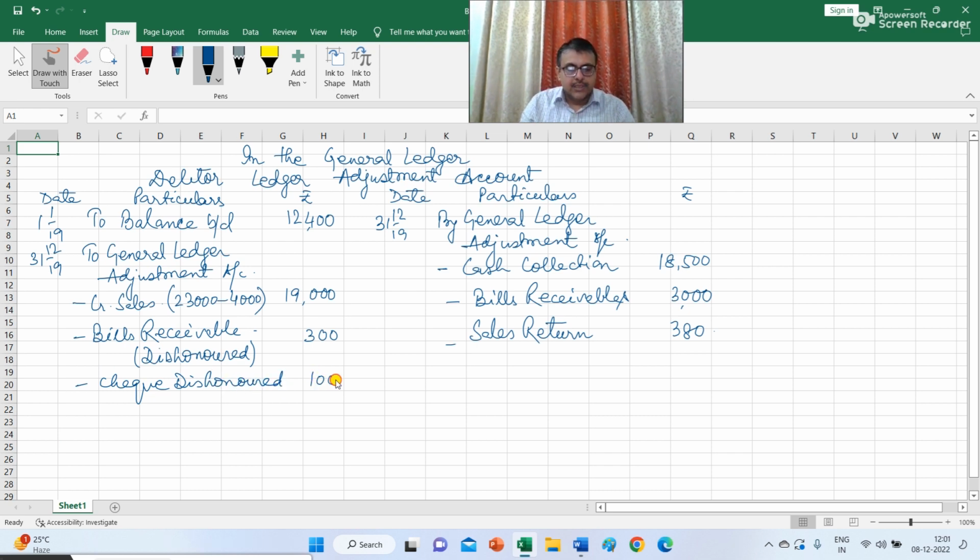rupees 100. Next transaction is bills receivable as endorsed dishonored. So there was an endorsement of rupees 480, and out of that rupees 120 got dishonored. The journal entry is debtors ledger adjustment account debit to general ledger adjustment account as it is increasing the amount of debtor.